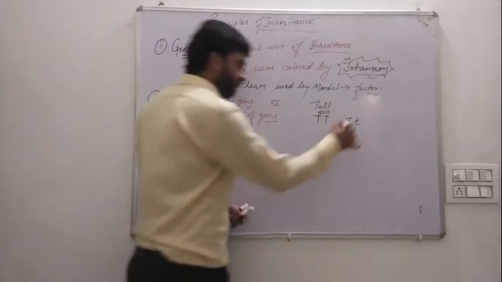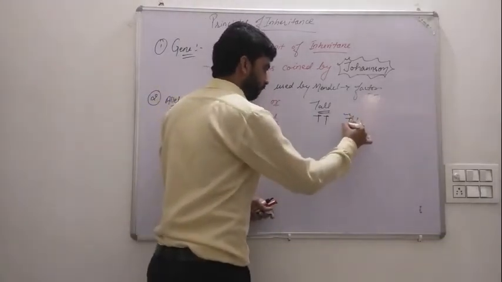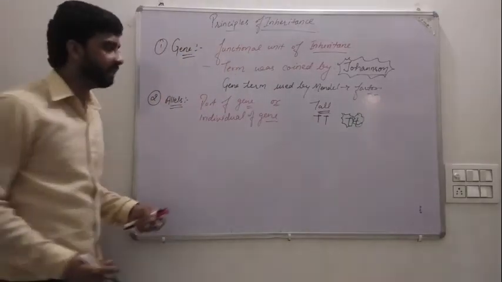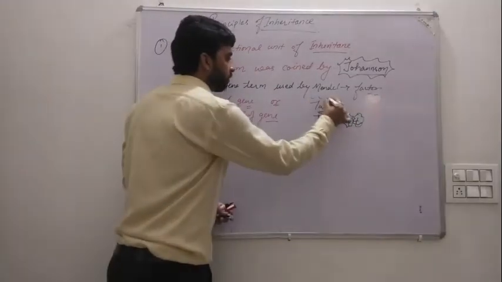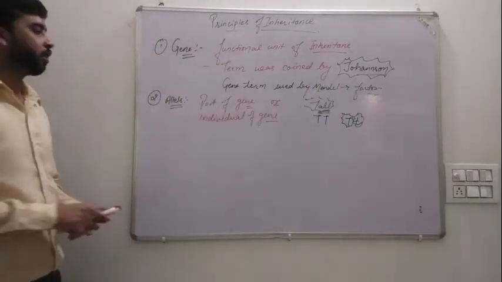So this T and this T both are alleles for tall character here.